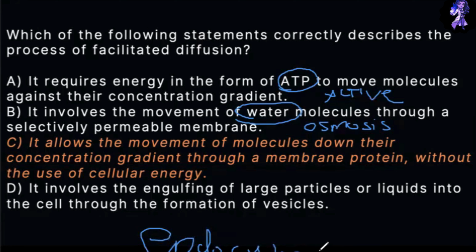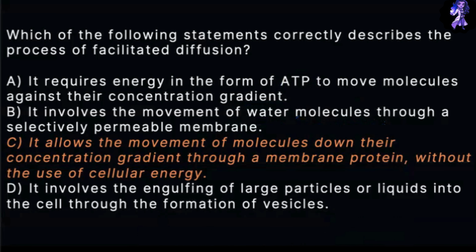But they mention large particles or liquids through the formation of vesicles, so we're talking specifically about phagocytosis. So I just wanted to point out the incorrect answers as well while we're reviewing it. And remember, facilitated diffusion can use a protein, but it falls under the category of passive transport, and therefore it's not going to require any sort of ATP in that case.